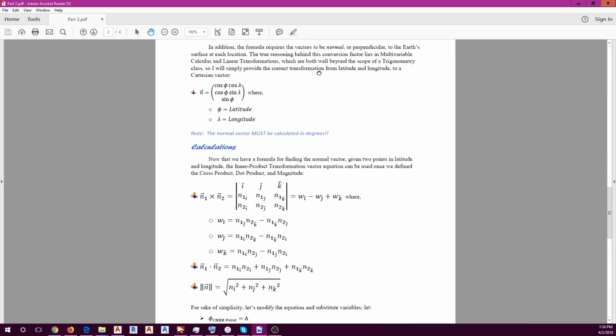So if you take your latitude and your longitude, convert them into decimals, and plug those decimal values in for cosine phi and cosine lambda, this will give you the x direction for this vector. This will give you the y direction, and this will give you the z direction. Pretty cool, huh?